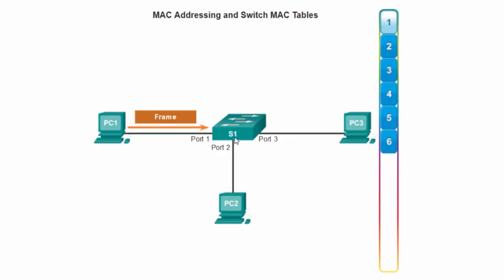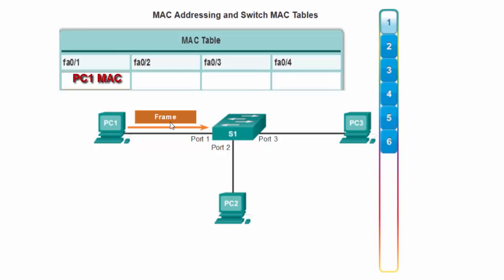In step 1, the switch receives the frame on port 1, so it knows that PC1 is connected to port 1. Why? Because the source MAC address is stored in that frame.